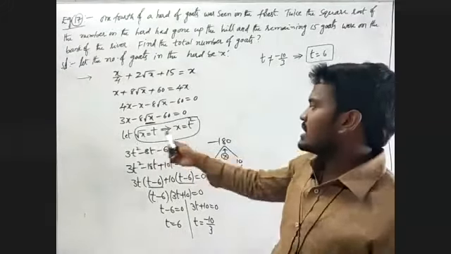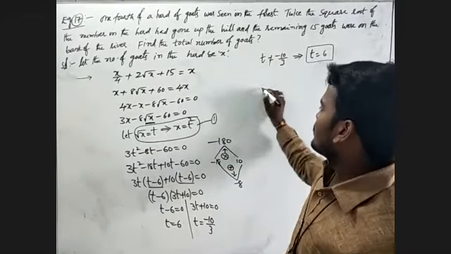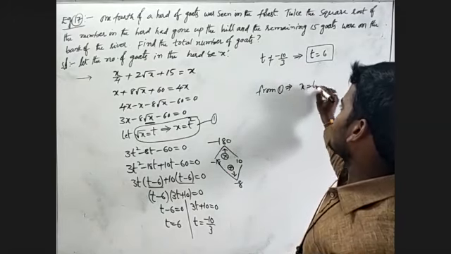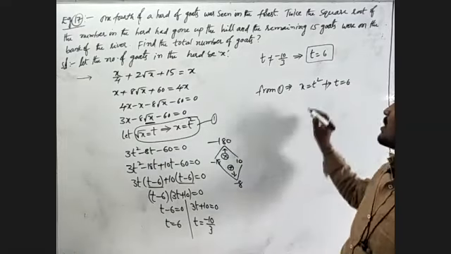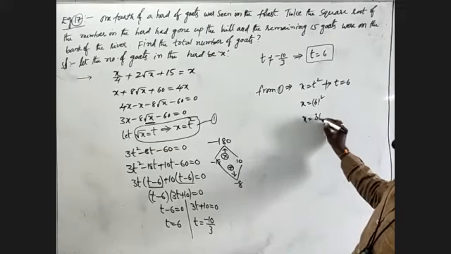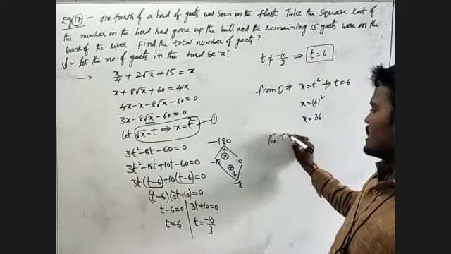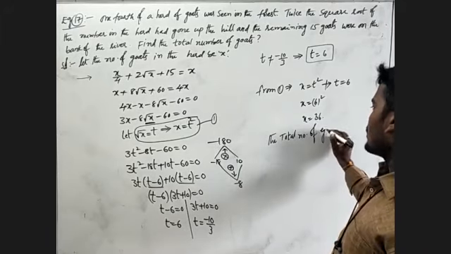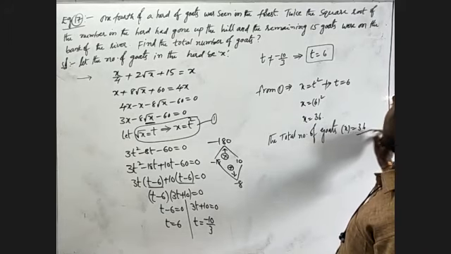Already we know that x is equal to t square, where t is nothing but 6. Here x is equal to 6 square. 6 square is nothing but 36. That is the total number of goats. The total number of goats x is equal to 36.